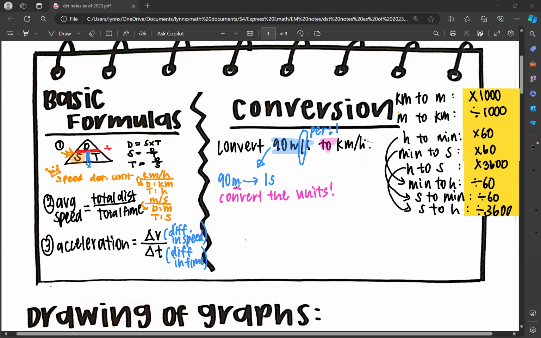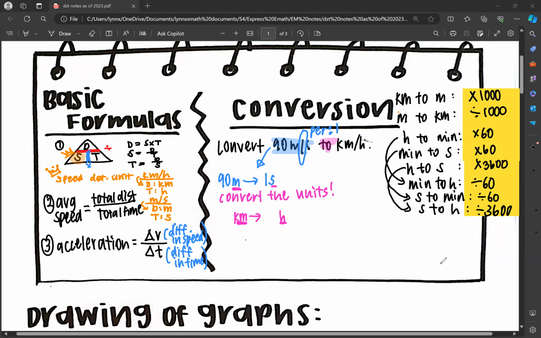So converting means the meter will now become what, people? km. Can you see that? And the second will now become hour. So this is what the pink means: the meter converts to km, the seconds convert to hours. All right?